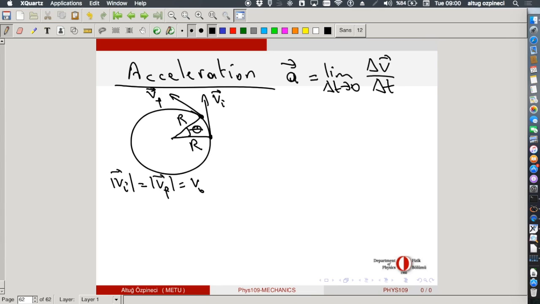Well, let's see. That's correct. What is the length of that arc? This length. R times theta. Let me call that L. L is the length of that arc over there.